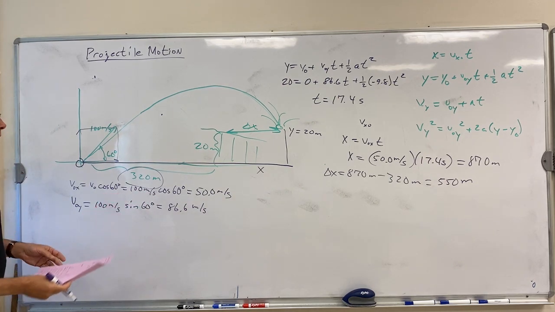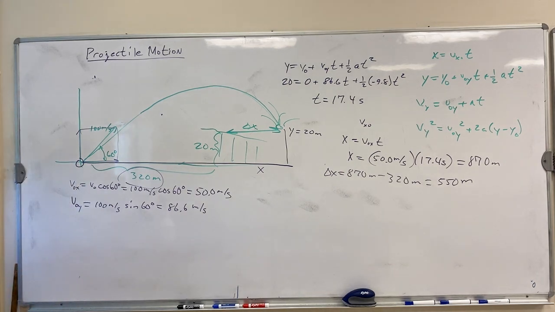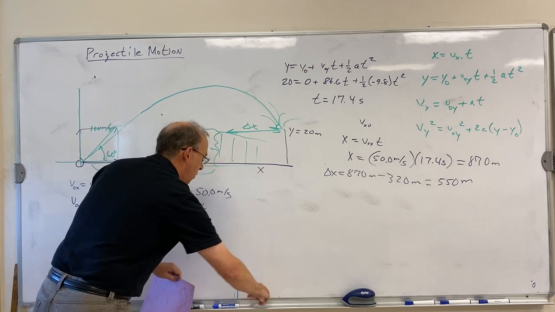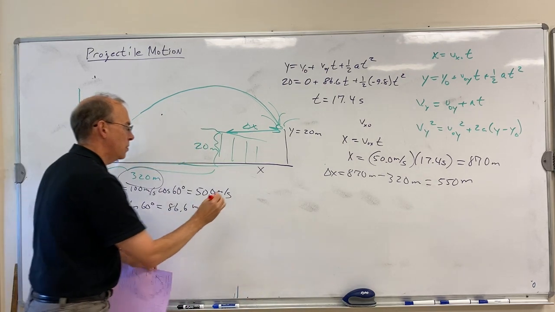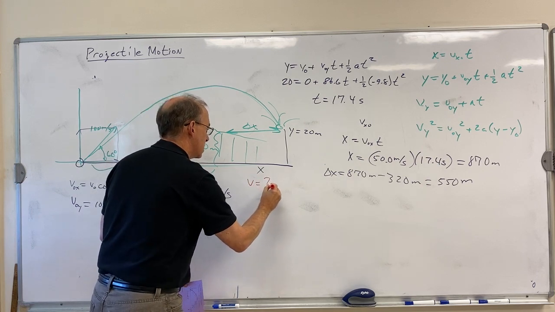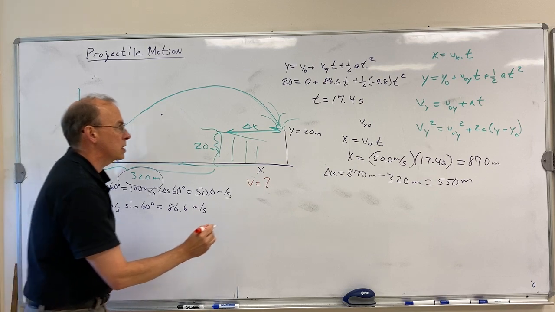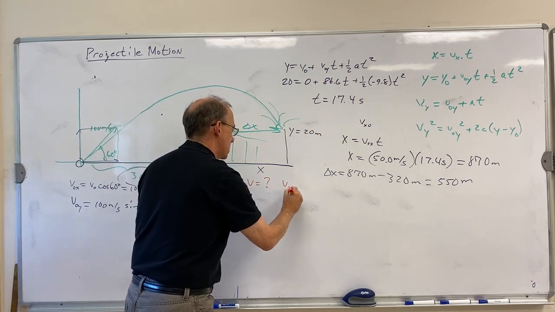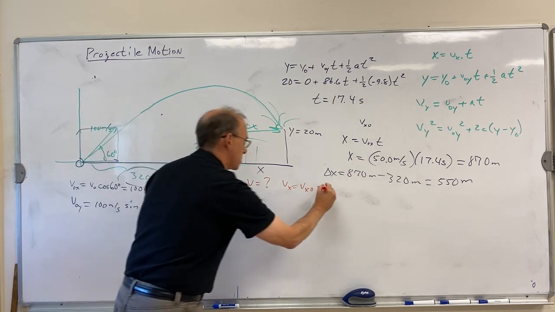Okay. Now, I went ahead and asked another part of this example. What is v when the object hits? So, what's v? All right, we know Vx is just Vx naught. It's just 50 meters per second.